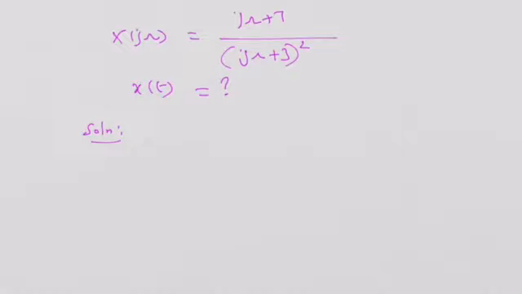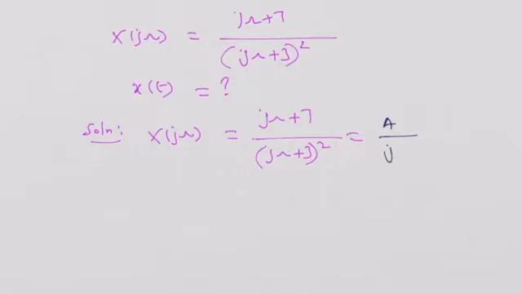The solution is simply taking X of j omega, what is given in the problem as such: j omega plus 7 divided by j omega plus 3 the whole squared. Yes, it is available. Now in order to rewrite this case as a divided by j omega plus 3 the whole squared plus constant b divided by j omega plus 3.